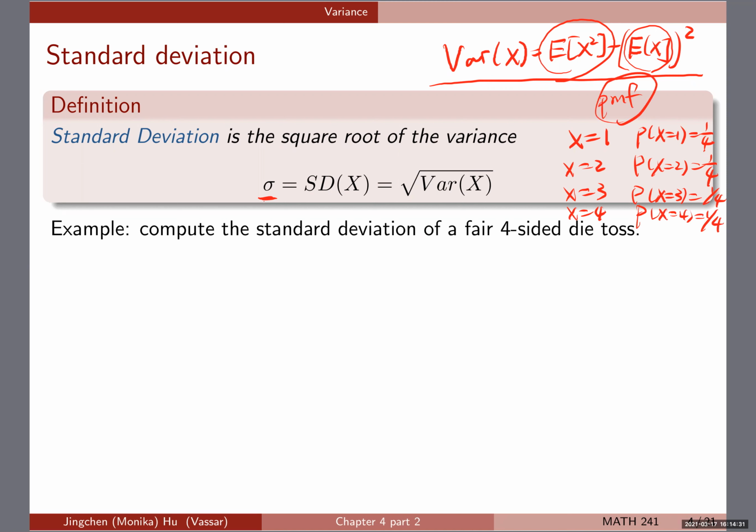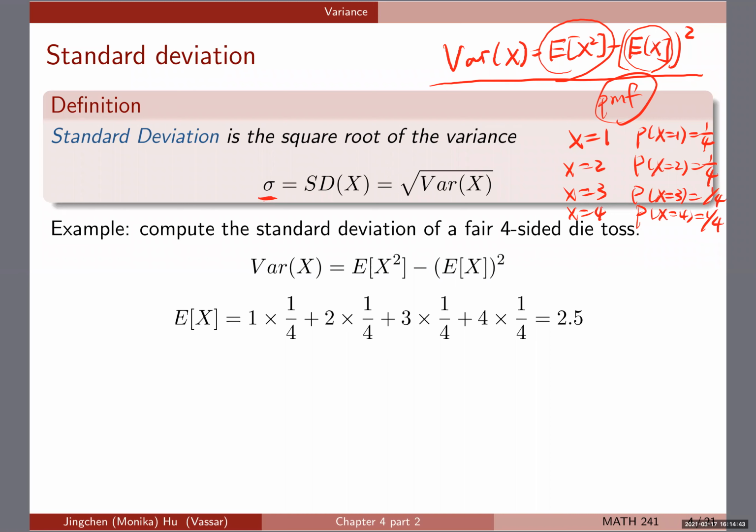With all that, and going back to what we learned previously about the expectation and how to calculate it, the expectation of x is 1 times 1/4 plus 2 times 1/4 plus 3 times 1/4 plus 4 times 1/4, which is 2.5. Then for the expectation of x squared, we follow the result we covered before about the expectation of a function of a random variable.